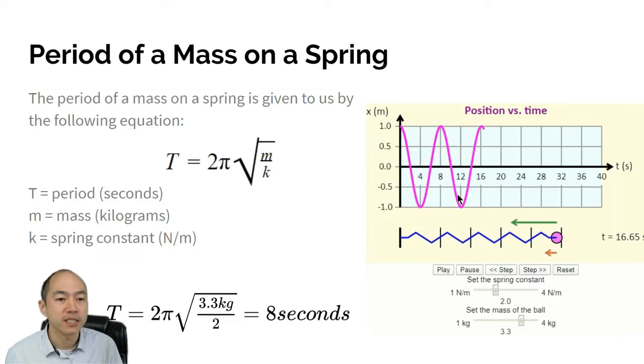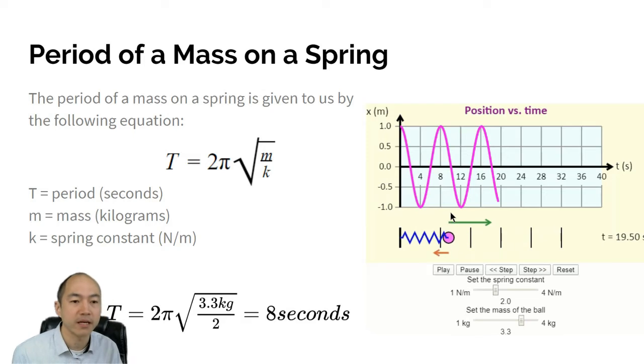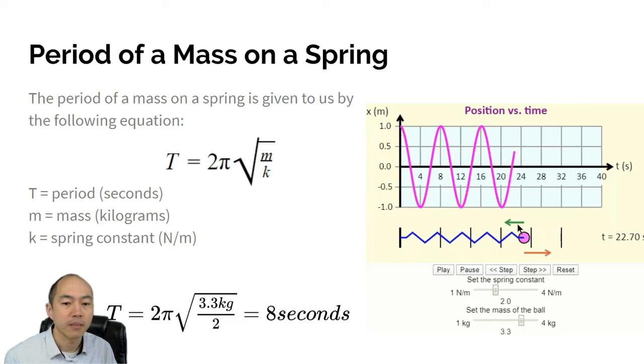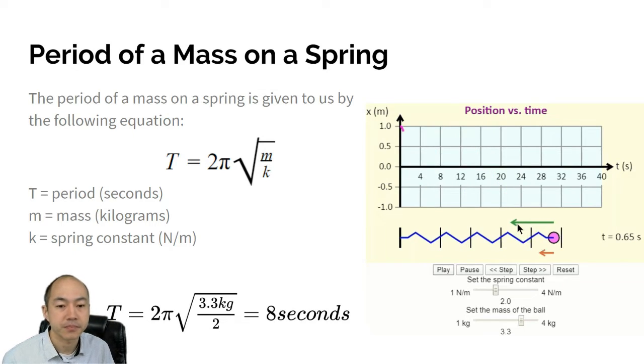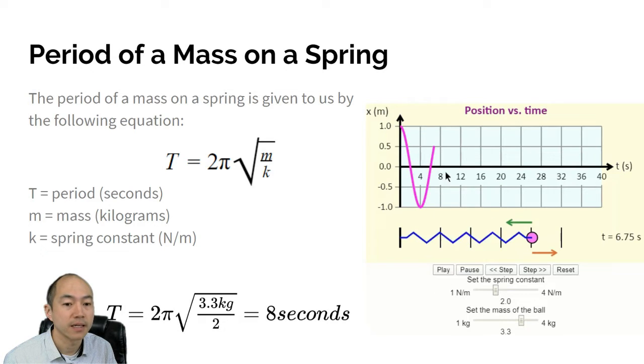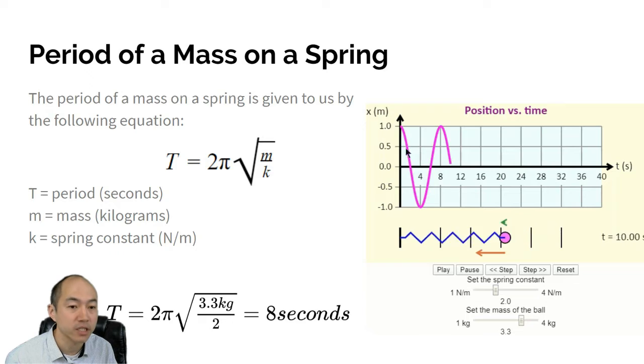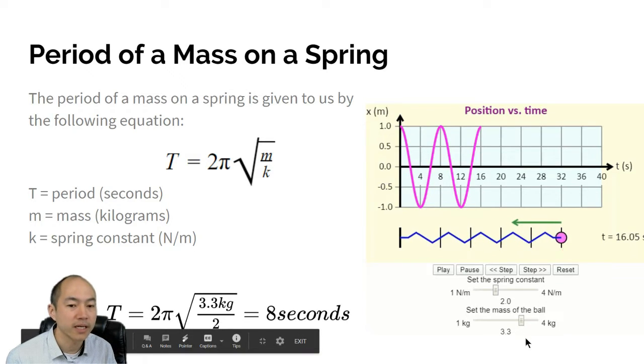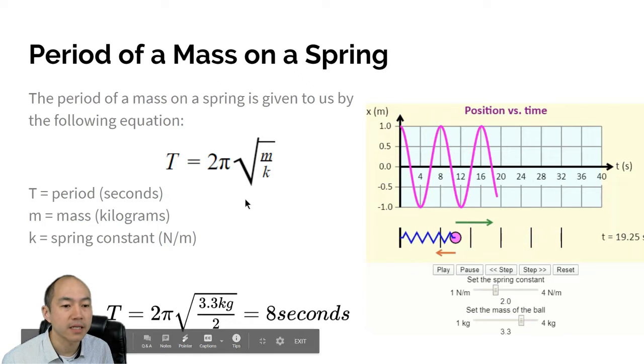So if we were to look at this spring here that's oscillating back and forth, and we were to try to determine the period of it, we could either watch it, right? We already saw that it was 8 seconds, but we could also look at it in terms of the mass.